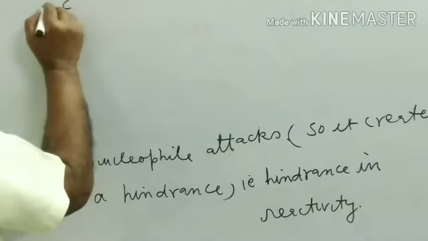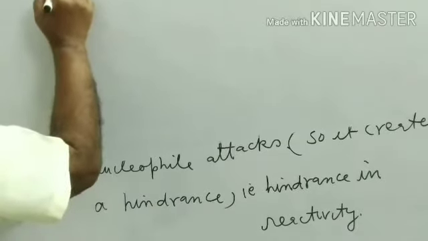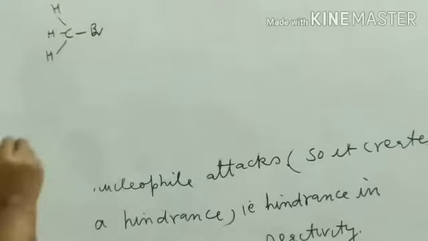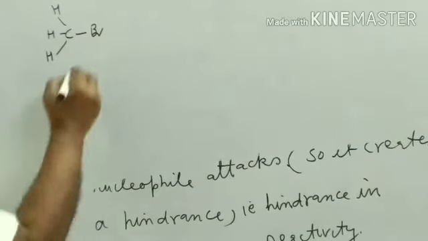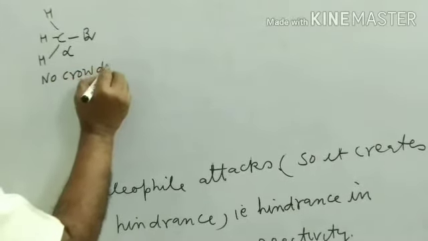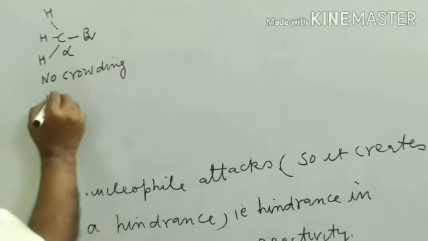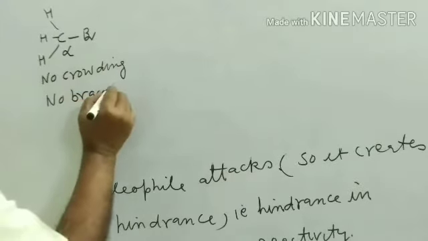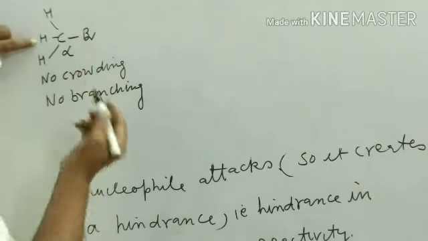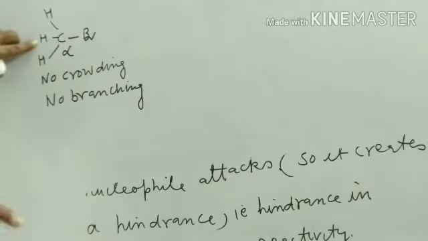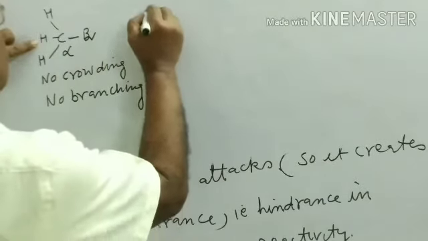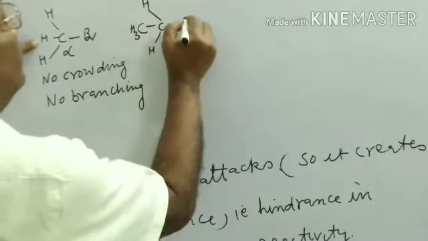This is CH3Br, the most reacting molecule. This is bromide. No crowding at this alpha carbon, no branching. Now introduce a branch. You replace one hydrogen atom. This is H, this is H, this is Br.